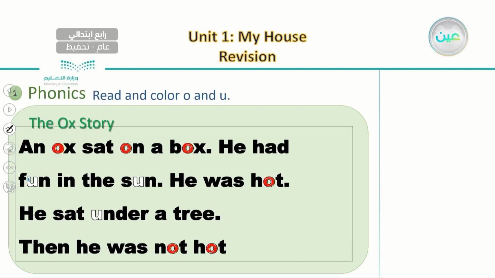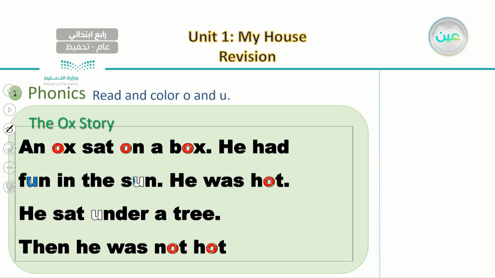letters O, now it is time to color letter U. The words that we colored letter O with are ox, on, and box, and also hot, not, and another hot.